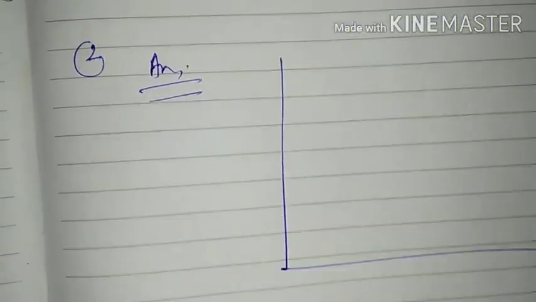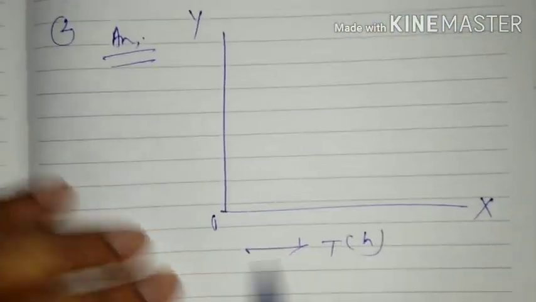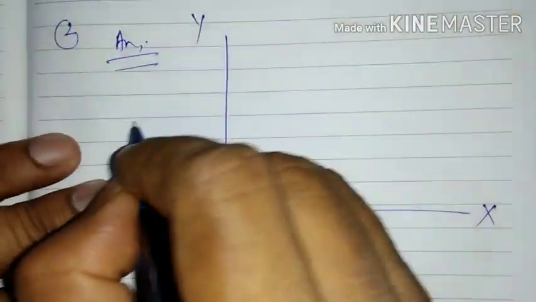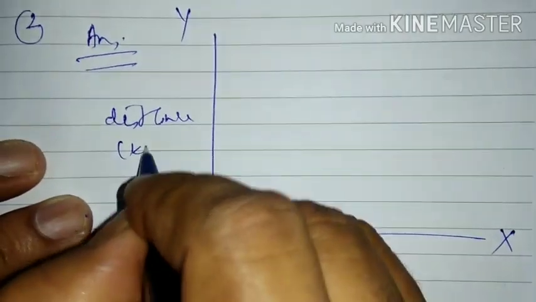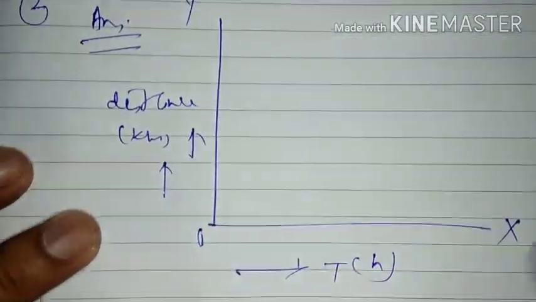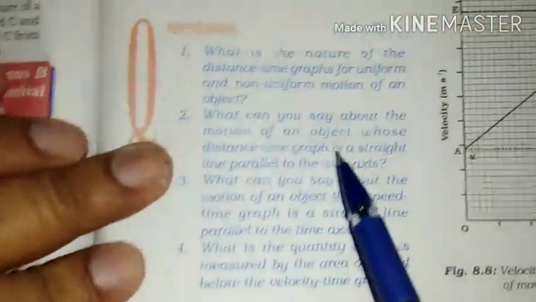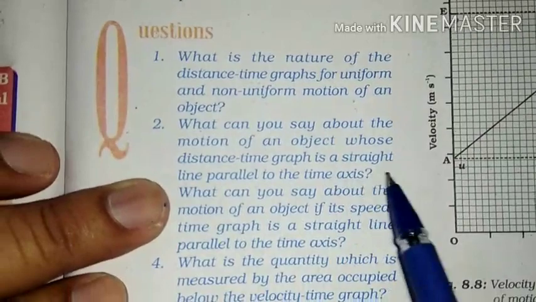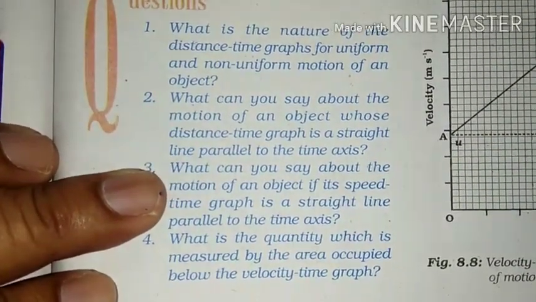Suppose this is the x-axis, this is the origin, this is the y-axis, this is time. Suppose time is given in hours and distance is given in kilometers. So what is the question here? What can you say about the motion of an object whose distance time graph is a straight line parallel to the time axis?